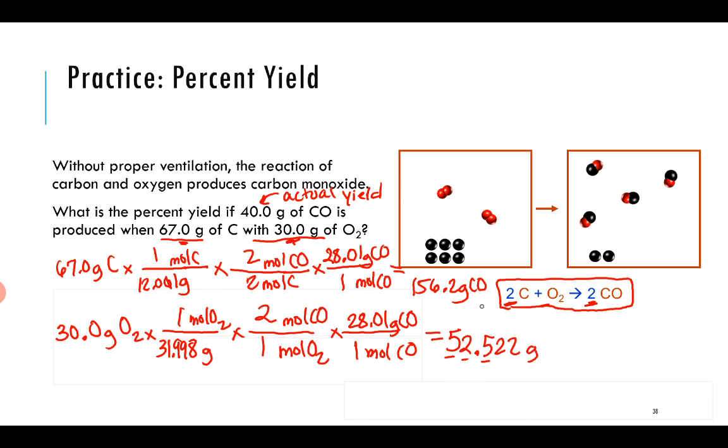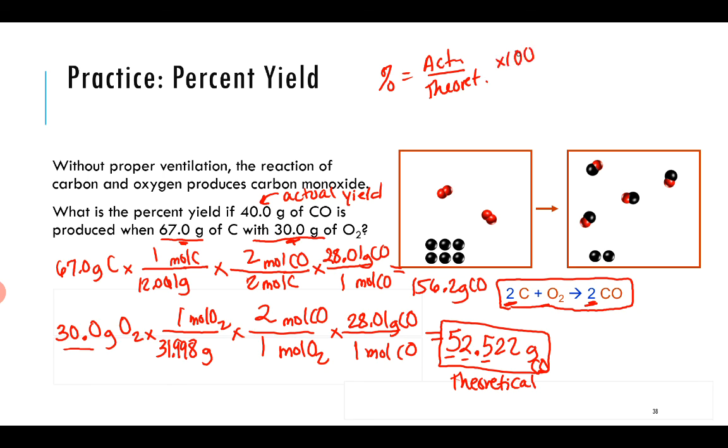Okay, so I can tell that the reaction is going to stop once it reaches 52.5 grams of carbon monoxide, because at that point all the O2 will run out. So this is my theoretical yield. So my percent yield is equal to actual divided by theoretical, turned into a percentage.